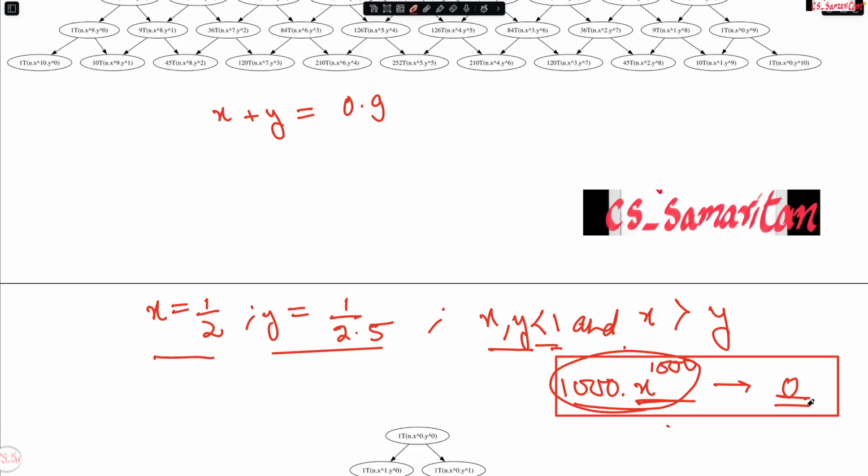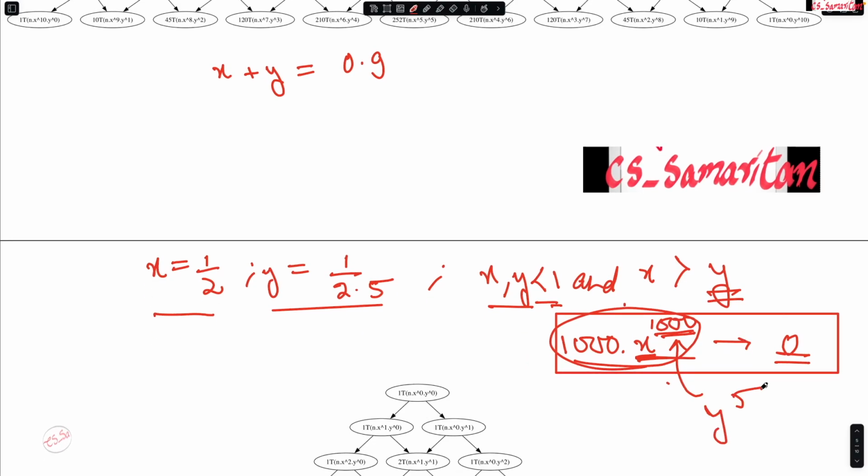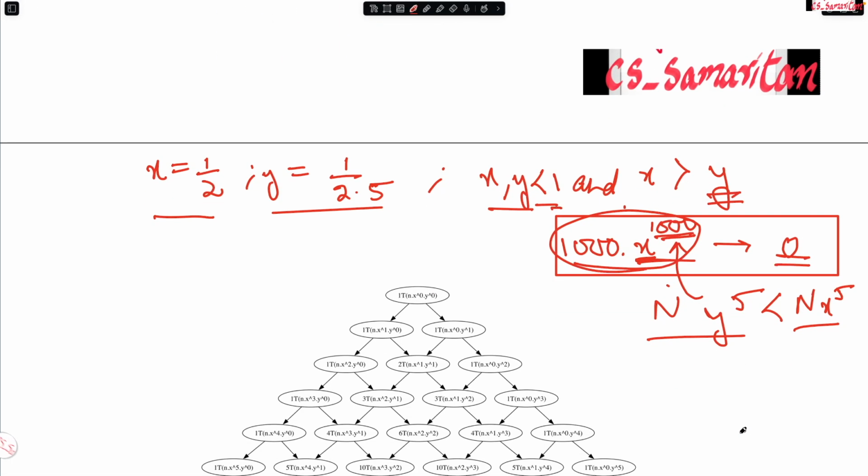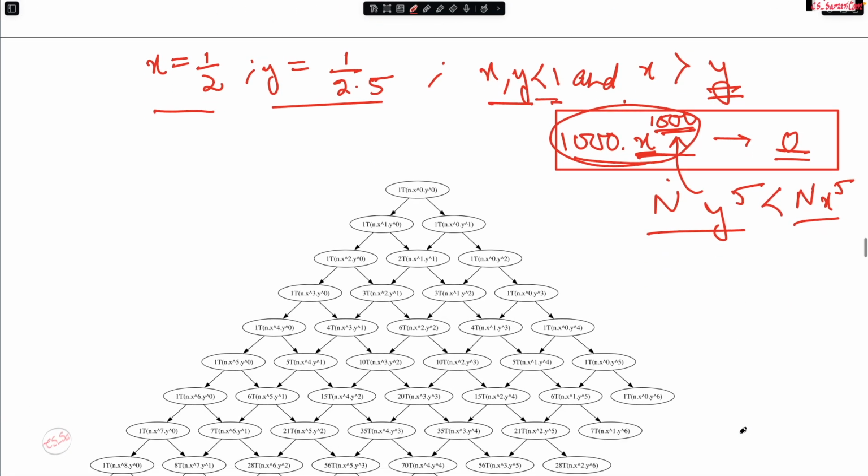That part is correct. And the smaller the value of x, the faster it is going to tend towards 0. That is, this exponent has to be smaller for it to get closer faster. For y, I'm saying that for y^5, and some natural number n, it is going to be smaller than n x^5. Common sense stuff. You must know this, understand this, basic mathematics 101, right?